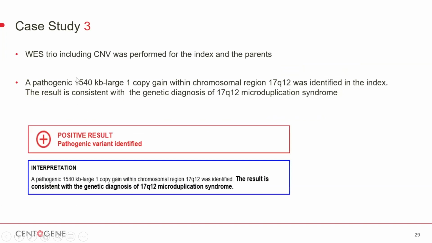Whole exome sequencing trio, including copy number variants, was performed for the index and the parents, and a pathogenic one-copy gain of about 1,540 kilobases, corresponding to the long arm of chromosome 17, band 12, was identified in the index. This was consistent with the genetic diagnosis of 17q12 microduplication syndrome.